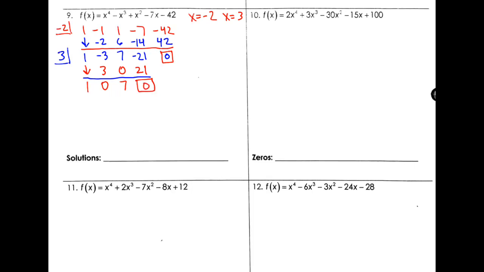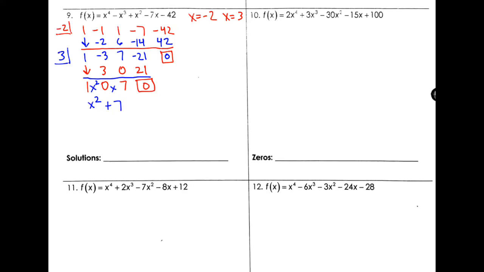Count backwards. x to the 0, x to the 1, x to the 2, squared, and so that is x squared, and you don't have to write a 0x, but that's a positive 7.